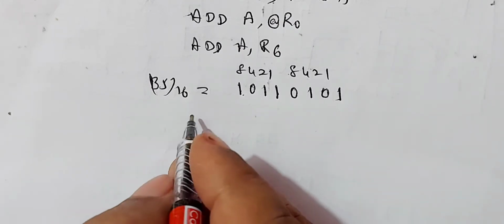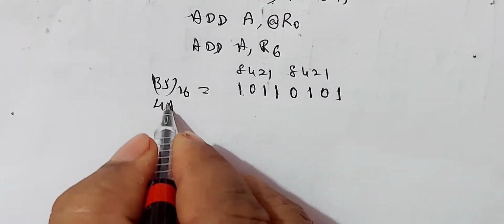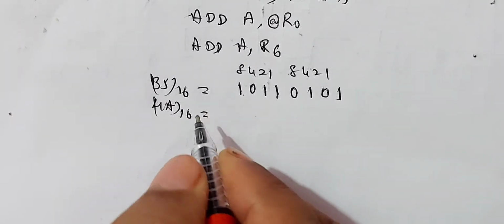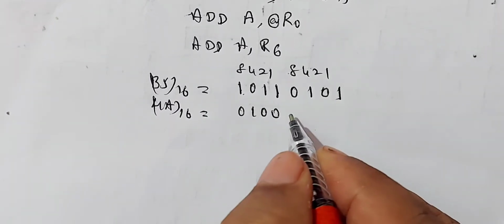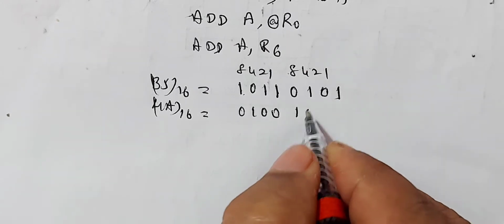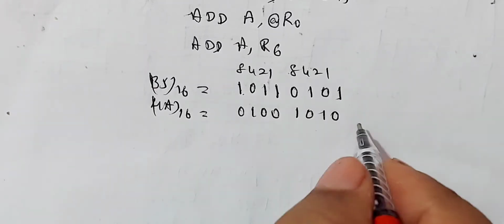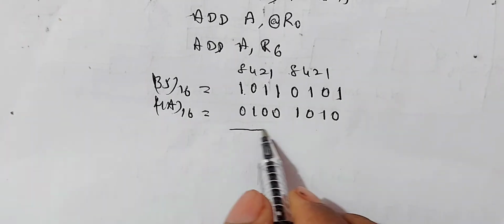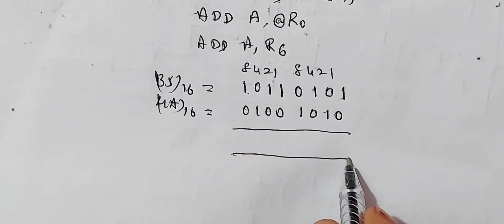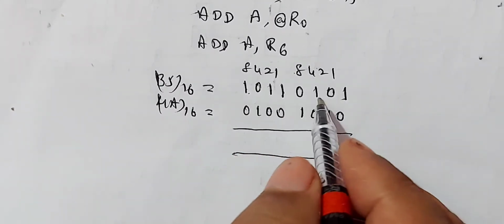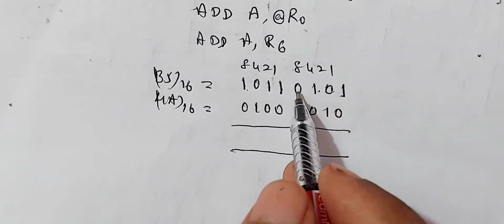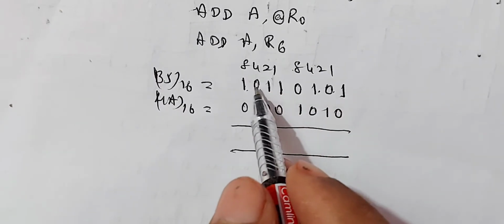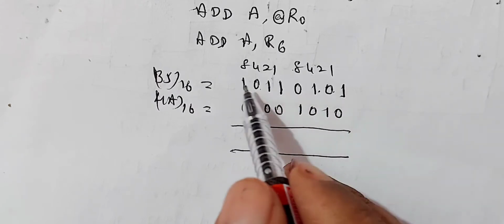The next data is 4A in hexadecimal, which is 4 meaning 0100 and A meaning 10, that is 1010 in binary. When you add these two, I will represent the digits as D0, D1, D2, D3, D4, D5, D6, D7. There are totally 8 bits.